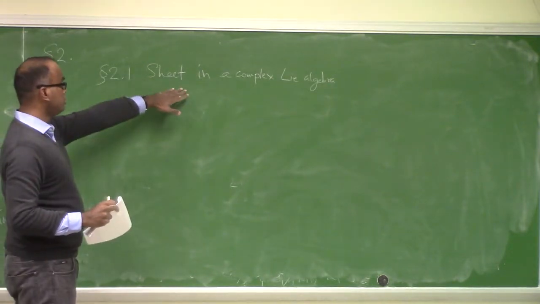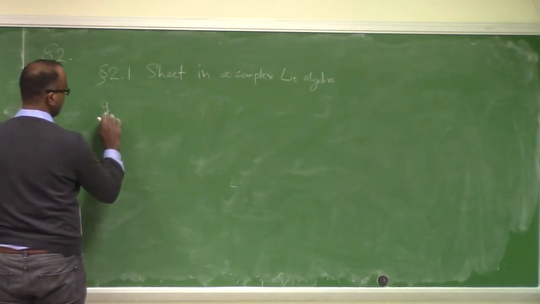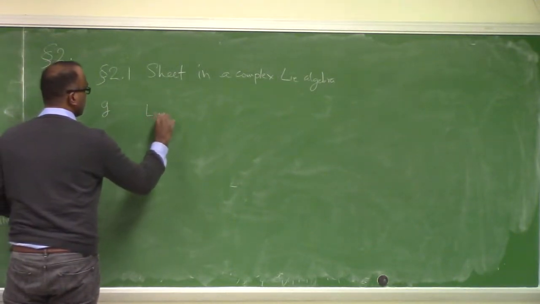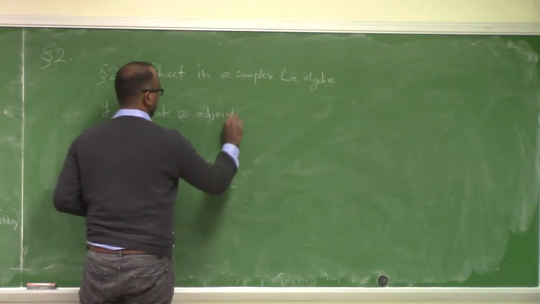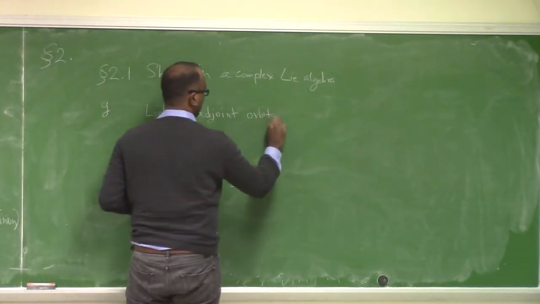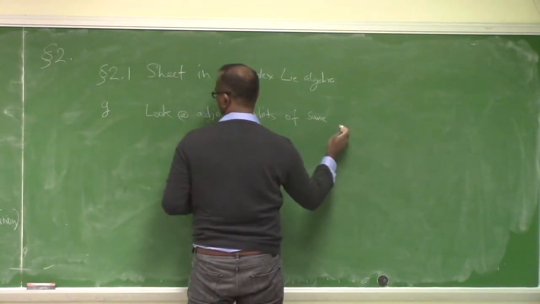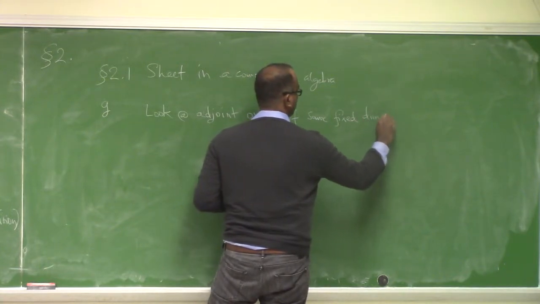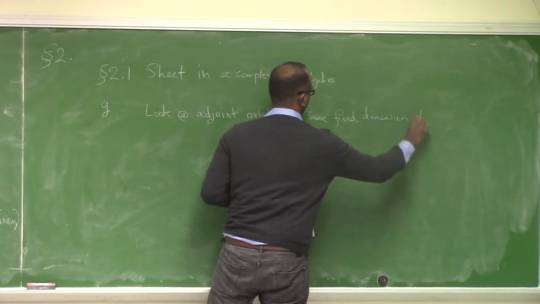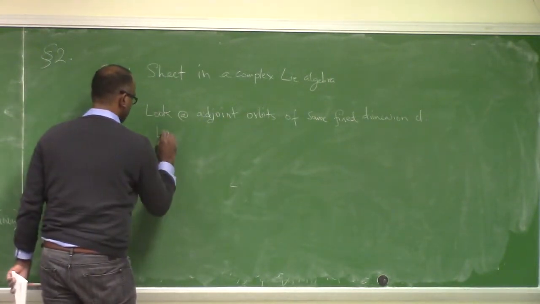So let me talk about sheets in an arbitrary complex Lie algebra. I look at adjoint orbits of some fixed dimension, D. I always write complex dimensions. So look at the union of all of them.